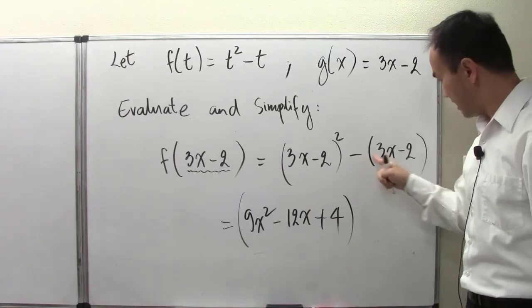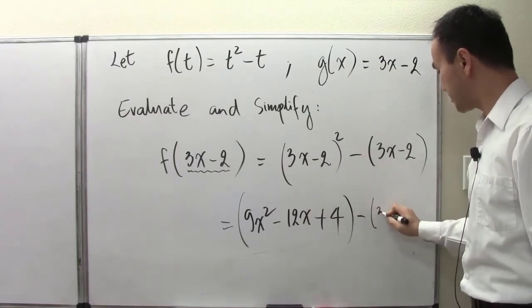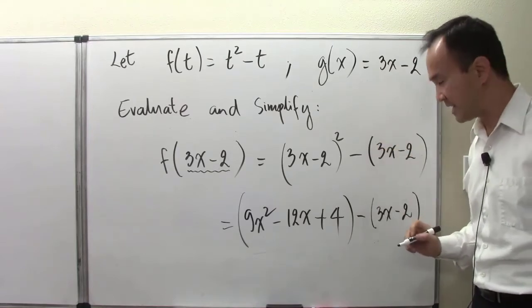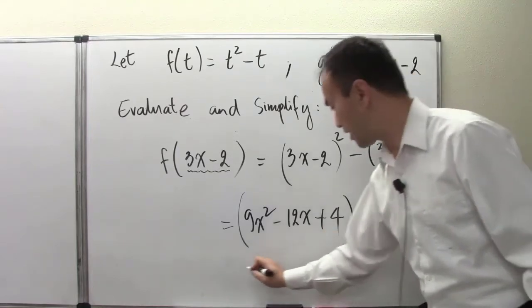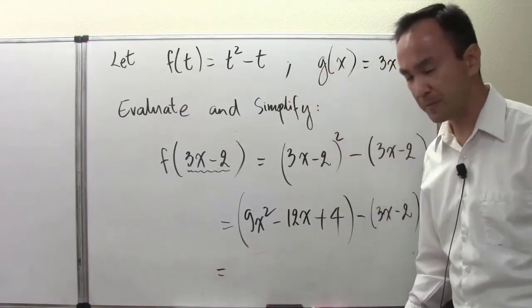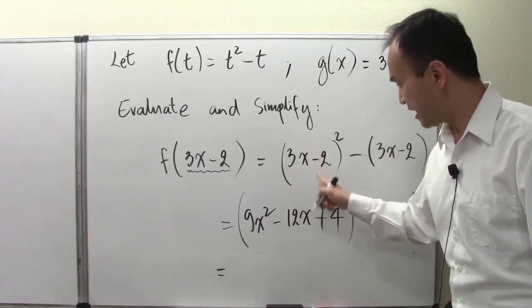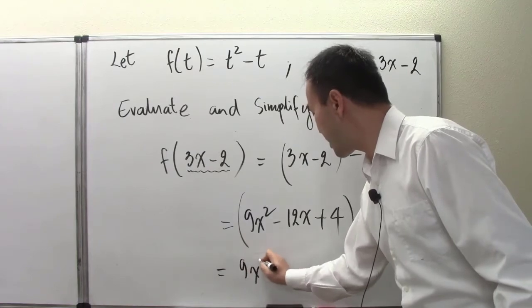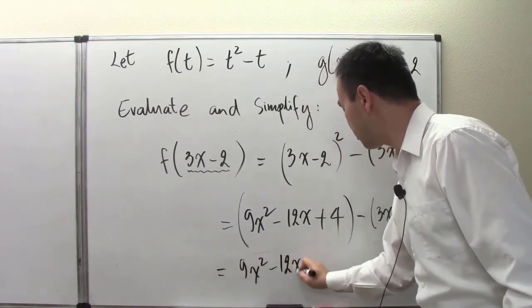And then here we're going to subtract the 3x minus 2 according to whatever it was from the previous step. I'm still on my way to the final simplified expression. So here what I'm looking at now is 9x² minus 12x plus 4.